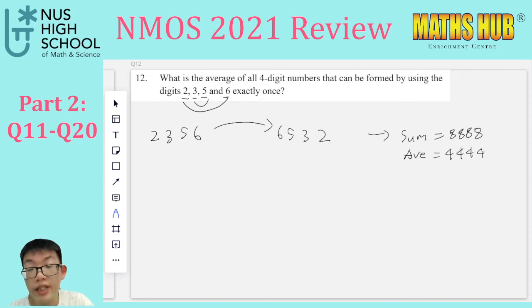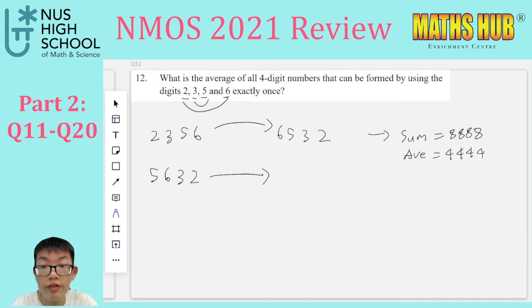Now if I took another combination like 5, 6, 2, 3, this can also be paired up with 3, 2, 6, 5. 5 and 3 are paired up, 2 and 6 are paired up, so you get this so-called companion that again will give you the same average of 4, 4, 4, 4 and the sum of 8, 8, 8, 8.